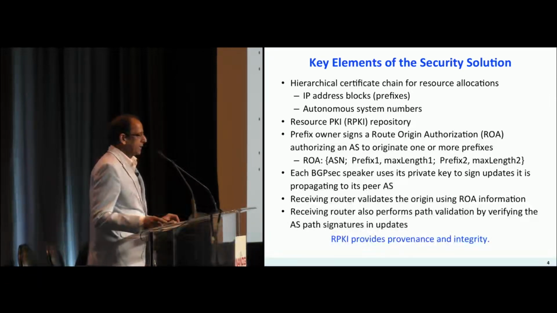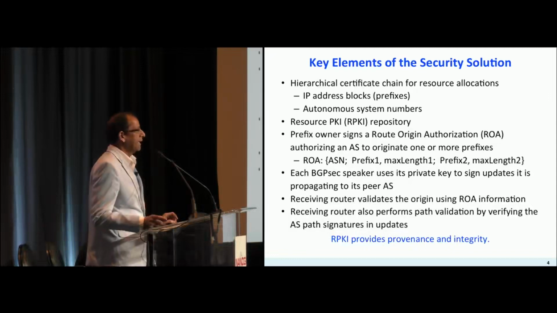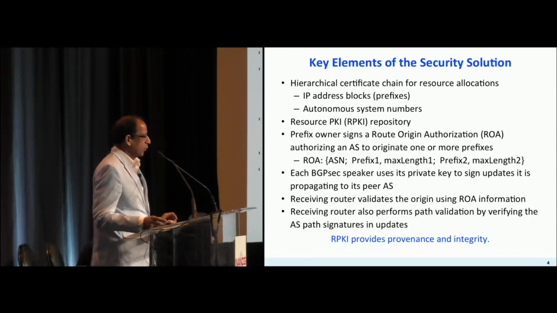There is a hierarchical certificate chain for resource allocations for the IP address prefixes and also for autonomous systems. So once an IP prefix holder has the certificate, they can use the RPKI repository, and they can place a route origination authorization, a ROA, in the RPKI repository.